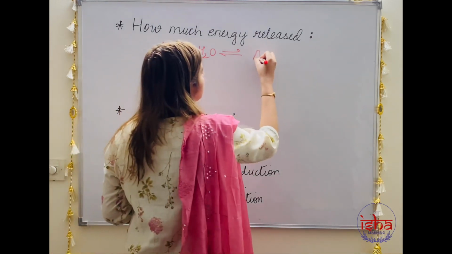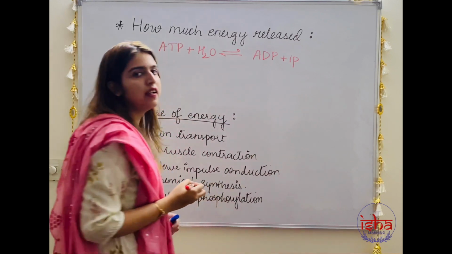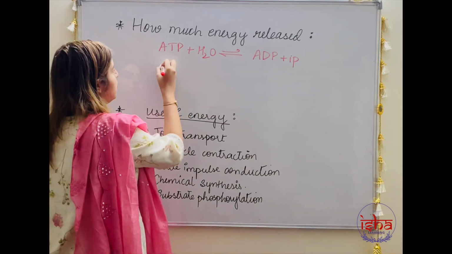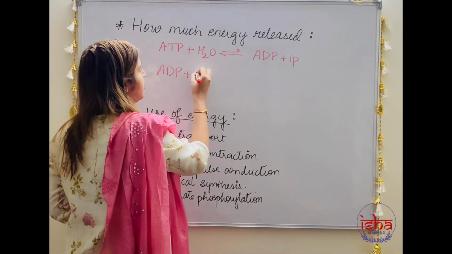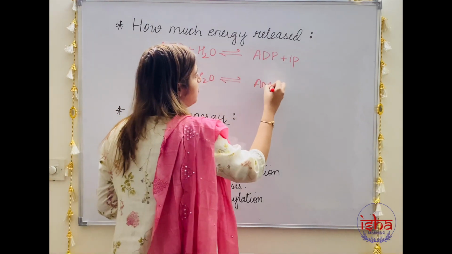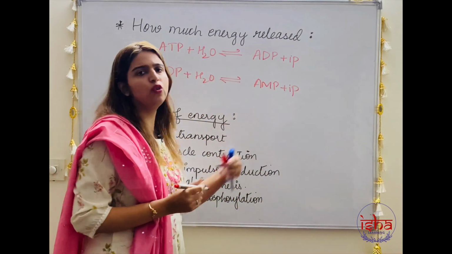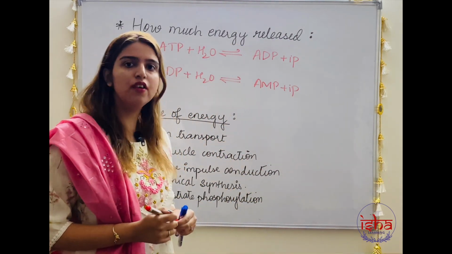Into adenosine diphosphate plus inorganic phosphate. Similarly, this adenosine diphosphate again can be hydrolyzed, and then it would be broken down to adenosine monophosphate and inorganic phosphate. Adenosine monophosphate could not be broken down any further.